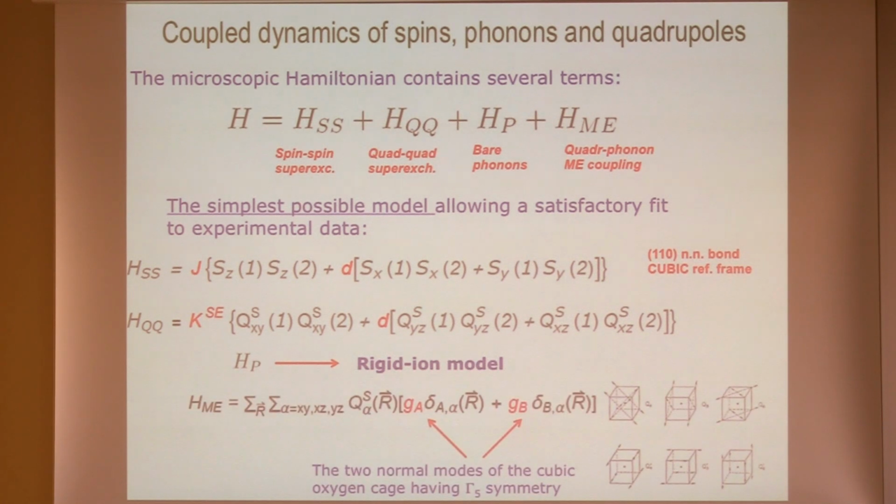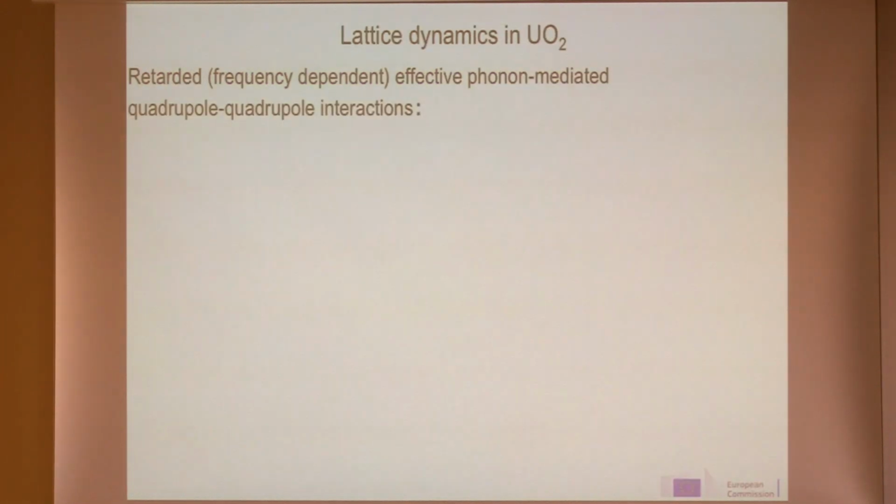And then you need 2 parameters to describe the magnetoelastic coupling, because you can keep only 2 normal modes of the cubic oxygen cage, the 2 that have Gamma 5 symmetry, like the quadrupole that you are considering.